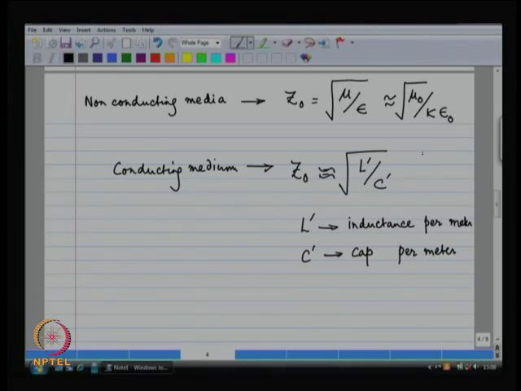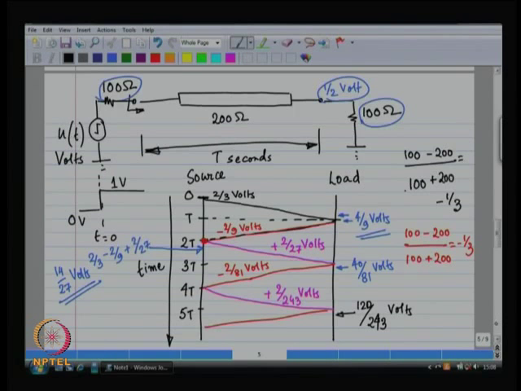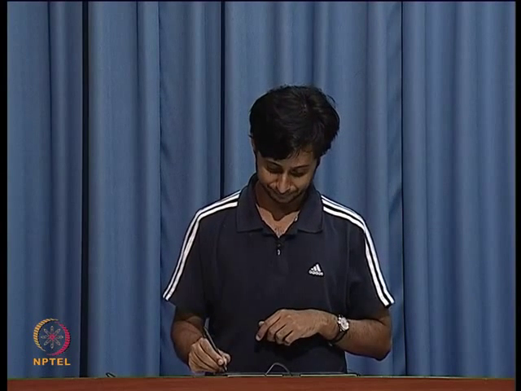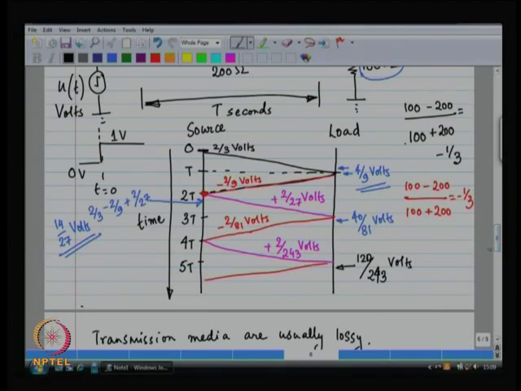It actually becomes the square root of (R prime plus j omega L prime) by (G prime plus j omega C prime). This is actually the correct formula, accounting for all the losses, etc. Doesn't matter for us. We can incorporate the losses by assuming a certain number of dB degradation as the wave progresses over the medium. Okay.